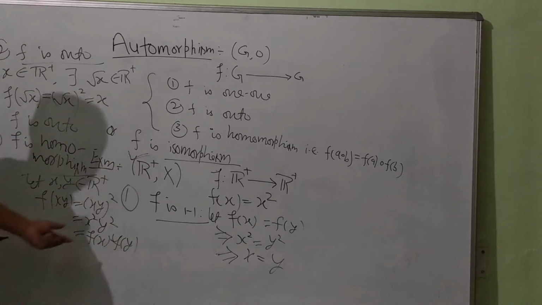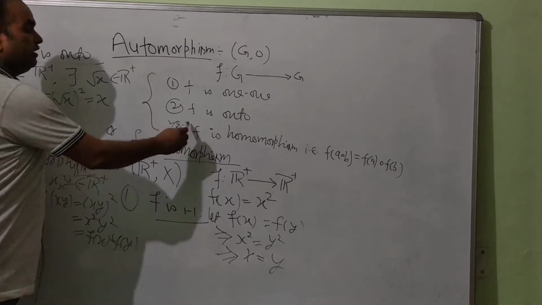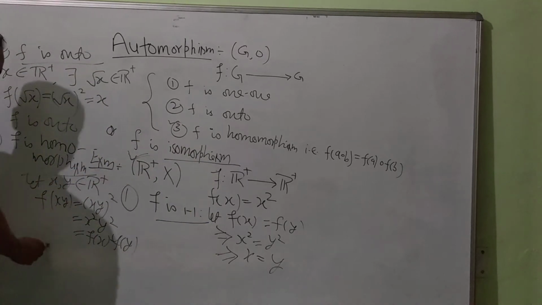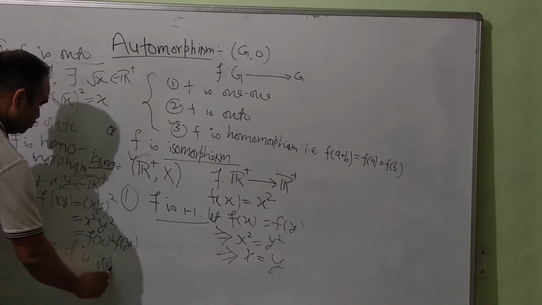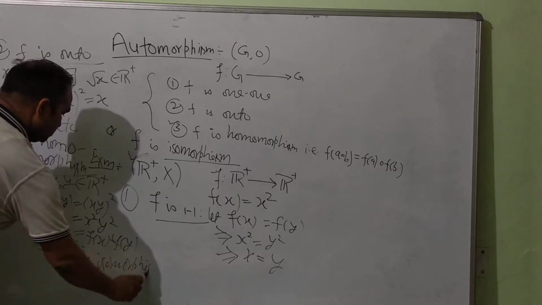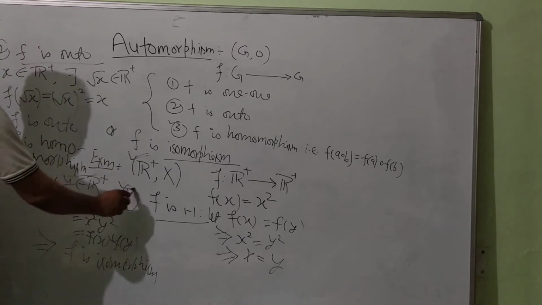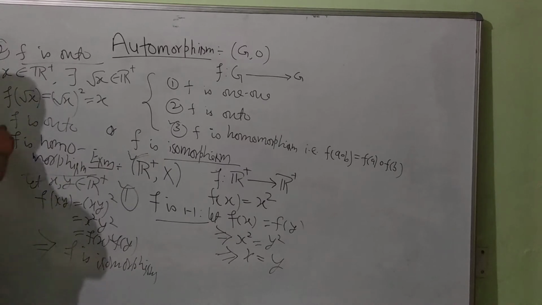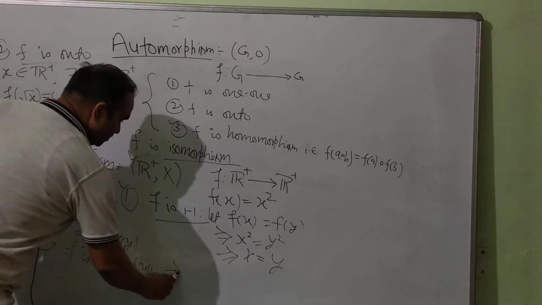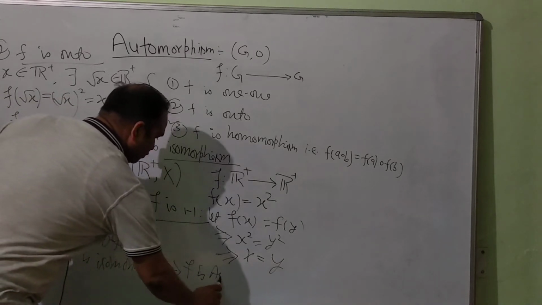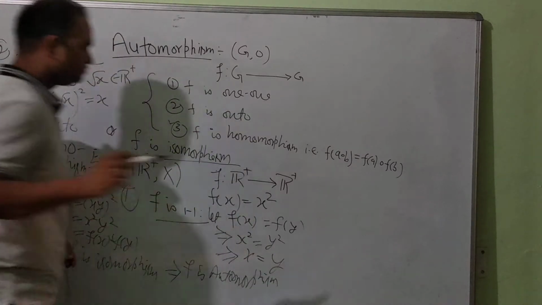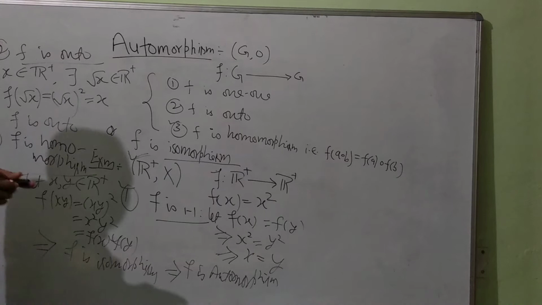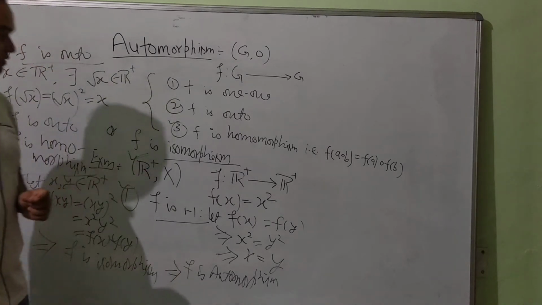So f of xy is equal to f x into f y, so this property is also satisfied. So we can say that this function is isomorphic. So these three properties 1, 2 and 3 imply f is an isomorphism. So this implies this function f is an automorphism. So this is the example of automorphism.